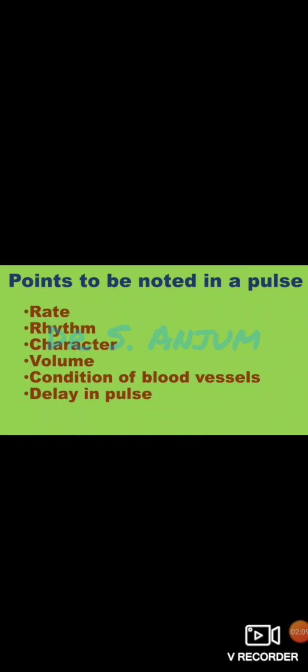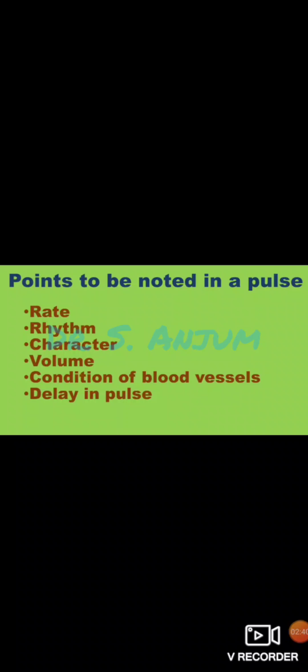You have to measure both pulses at a time, like both radial pulses. If there is no delay in either hand, you can say there is no radial delay. And if you compare the right radial artery and the right femoral artery, you can say there is no radiofemoral delay.